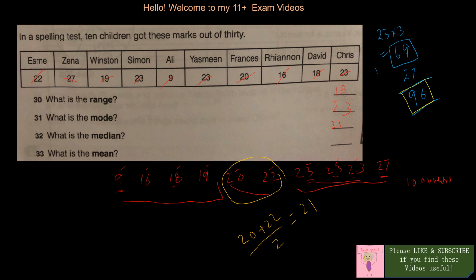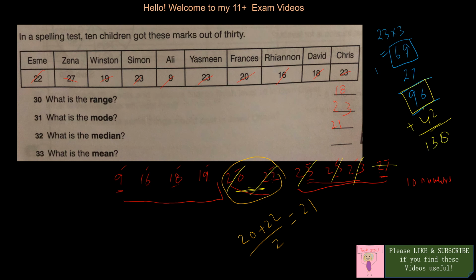Then 20 plus 22 is 42. 96 plus 42 is 138.